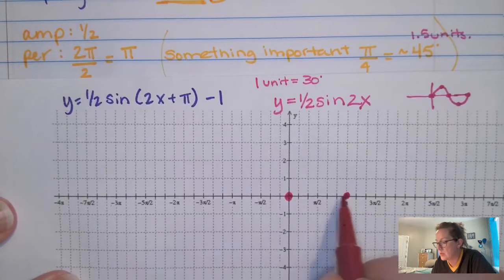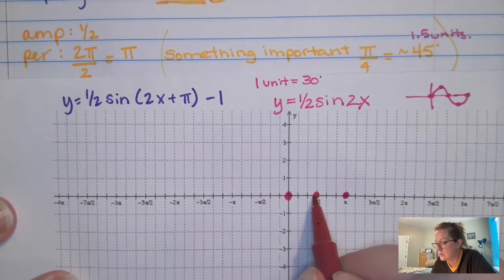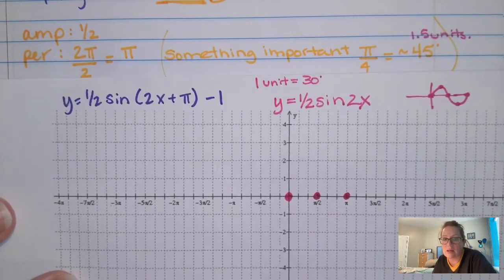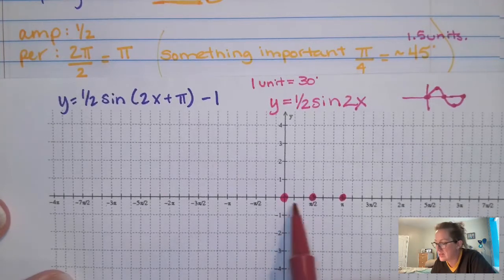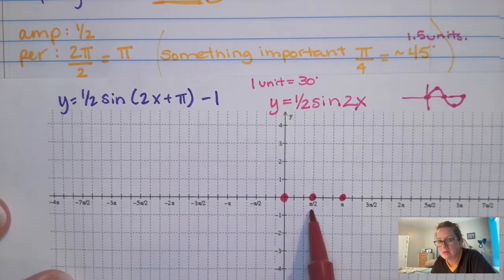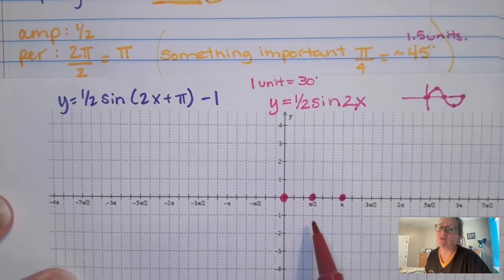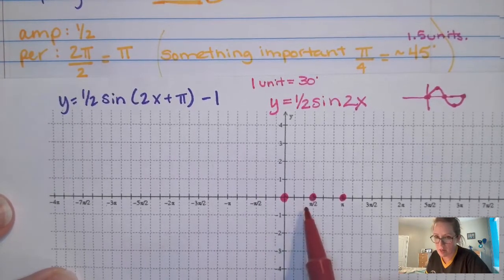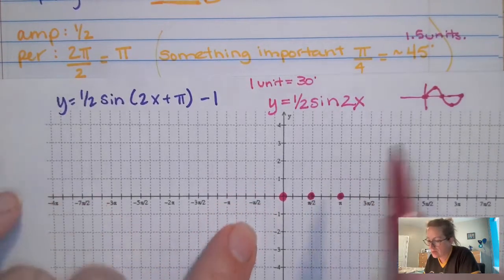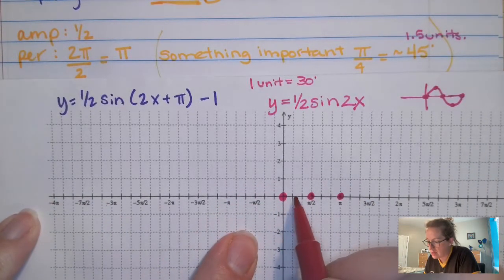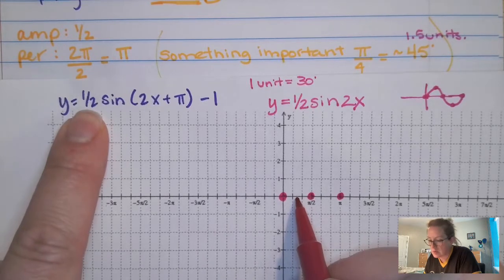Halfway between 0 and pi is pi over 2. And then we need to find our high and our low point. So we can take halfway between these guys. Think about it as units. You can take half of pi over 2, so pi over 4, but there's no pi over 4 marked. Or just think about it like units. There's 3 units. What's half of 3? 1.5. So we're going to go 1.5, and our amplitude is a half.